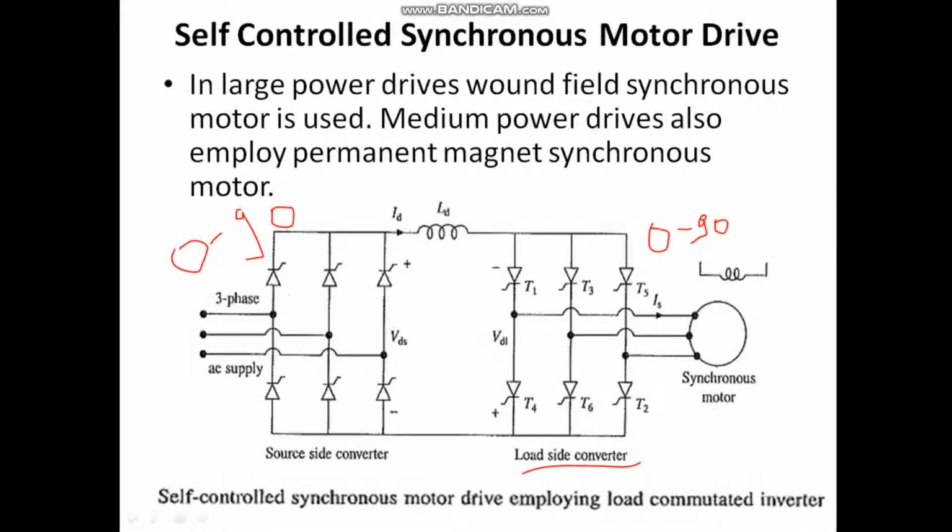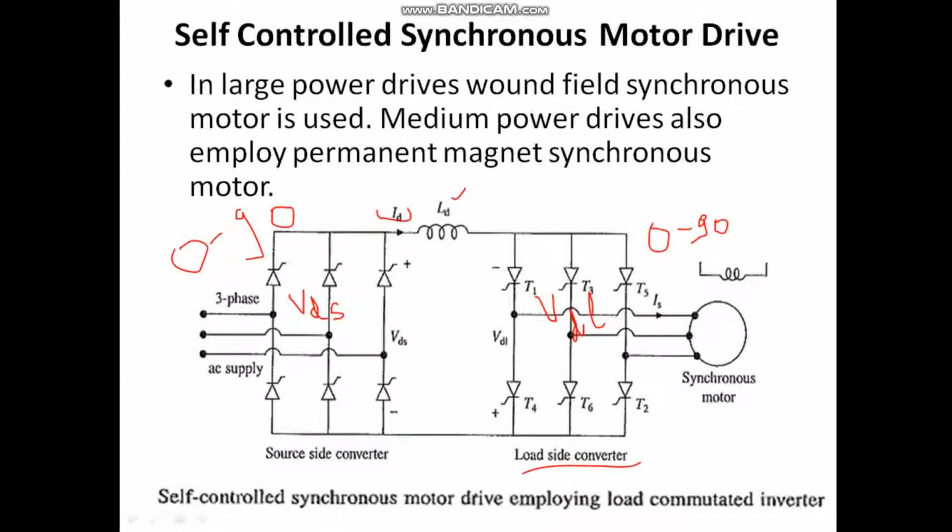VDS is positive, VDL is also positive. However, ID is always positive because of my LD.